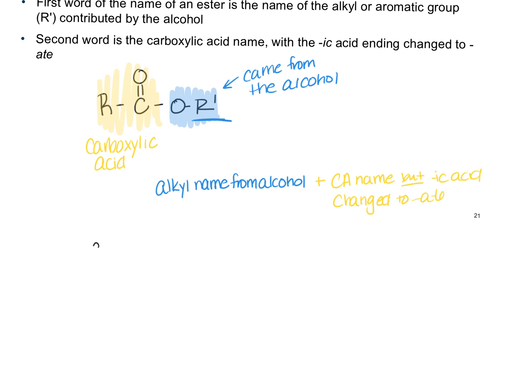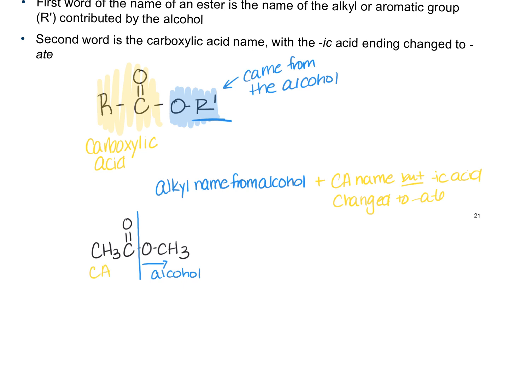So let's name this. The very first thing you need to do is identify what part comes from what. And the best way to do this is to draw a line between the carbonyl of the ester and the oxygen, because everything on the oxygen side here comes from the alcohol, and then everything on the other side comes from the carboxylic acid.